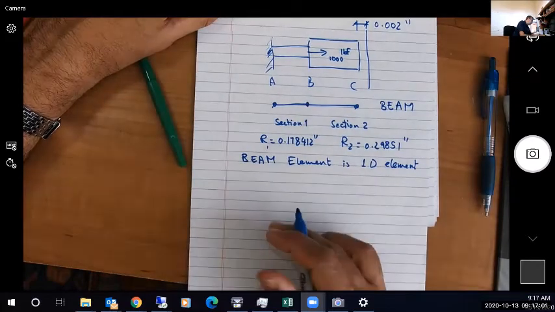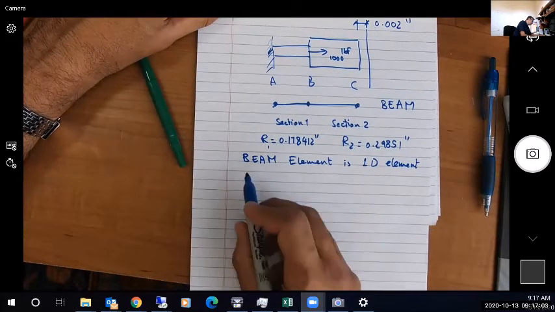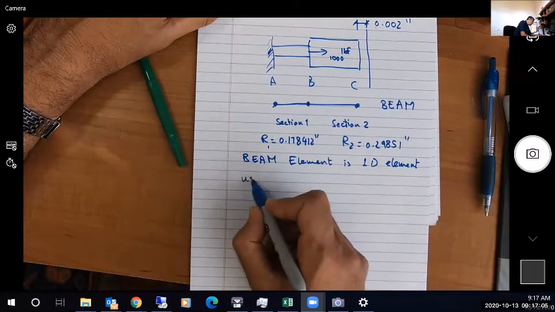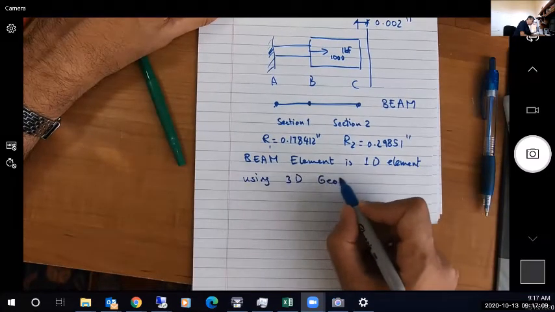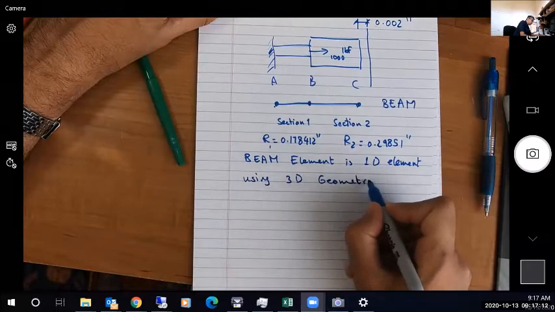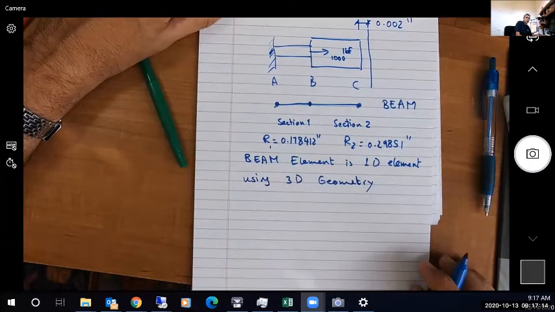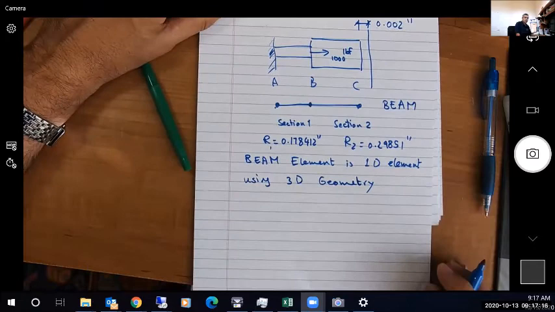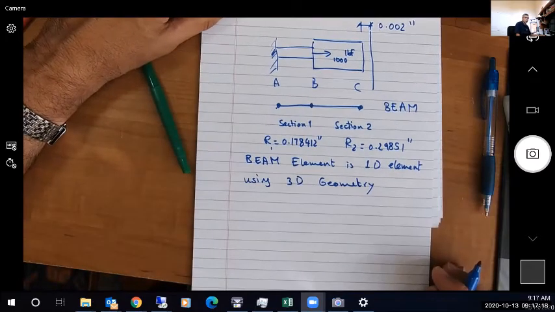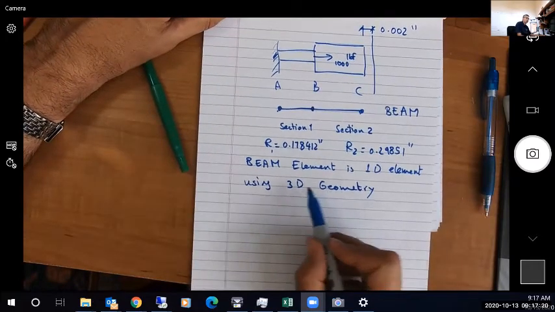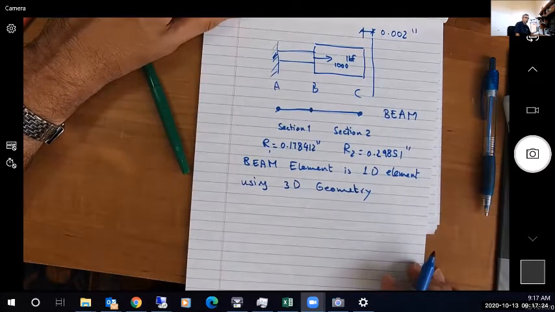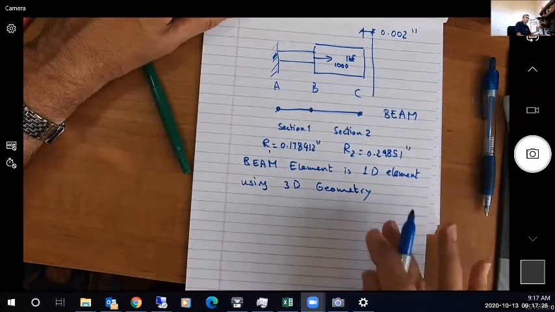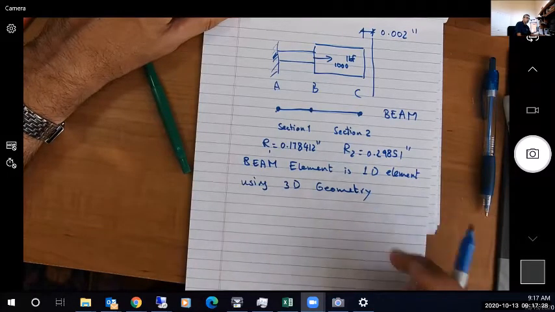But today, I want to go to the next step, which is using 3D geometry, which is now most of your parts. You're going to create the CAD in CATIA or Creo or SolidWorks, and you already have a 3D geometry. And if we have the computer power, we can fill in a mesh within this geometry.